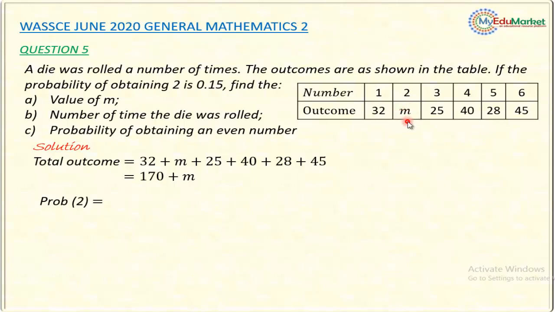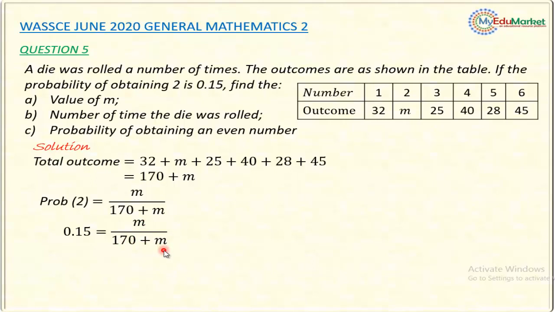That will be our required outcome, and the total possible outcome is 170 plus M. So that probability will be M over 170 plus M. But this probability is given as 0.15. So substituting it, I have 0.15 equals M over 170 plus M.